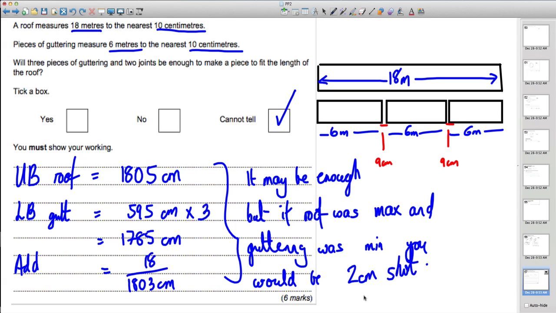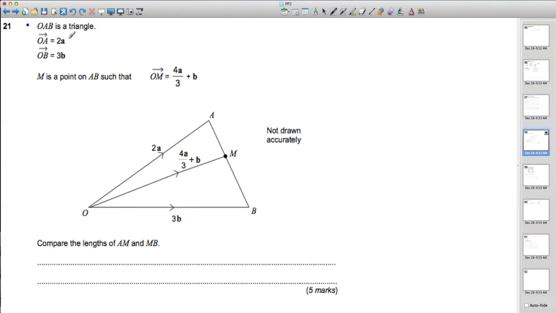Okay, so you can't tell. In some cases it might work, but just say your roof, you know it's 18 to the nearest 10 centimeters, what if it was 1,805 centimeters, and these were the shortest ones that you could get, so they were 595 centimeters, 595 centimeters, 595 centimeters, with the 9 and the 9, then it would not be enough. So you can't tell. Okay, question 21.